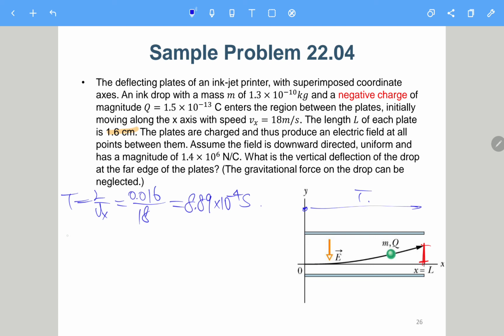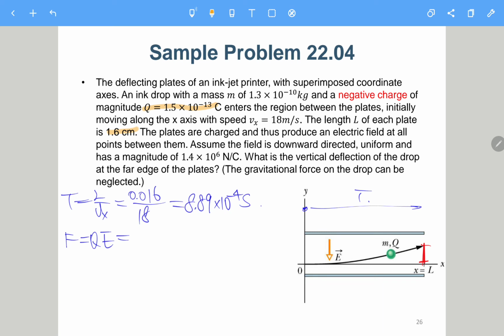Now we need to calculate the force acting on this charge, or the ink. So F equals QE. Maybe I can use capital Q here because we have capital Q here.